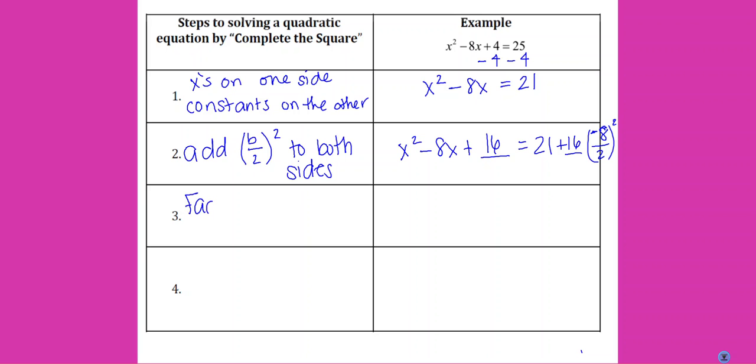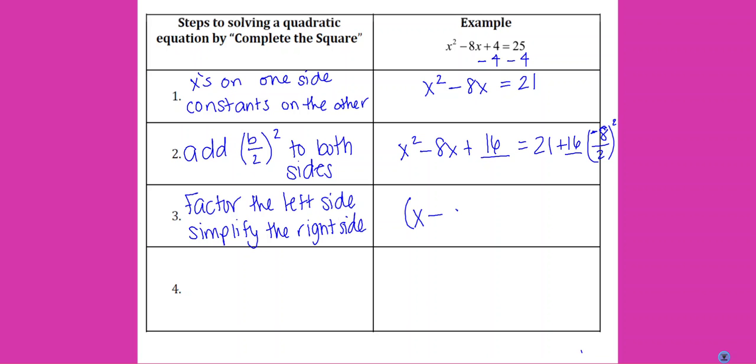Then we're going to factor the left side and simplify the right side. So x minus b over 2 would be x minus 4 squared equals 37.